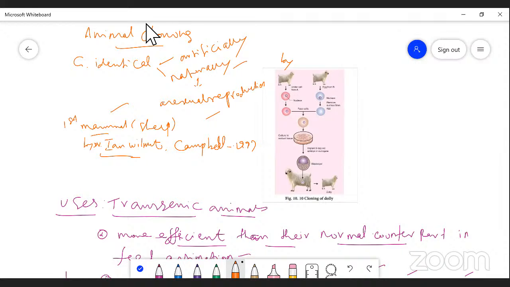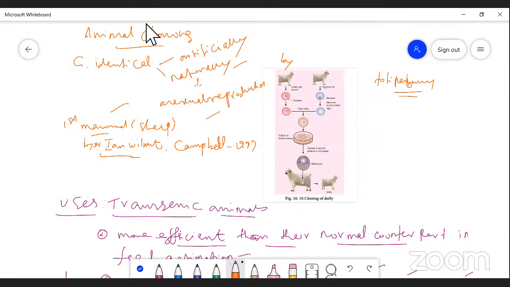Dolly, the transgenic cloned animal, was developed by the nuclear transfer technique. This is also related to totipotency. Totipotency means development of the entire organism takes place.